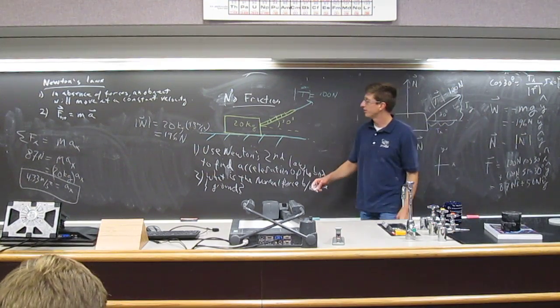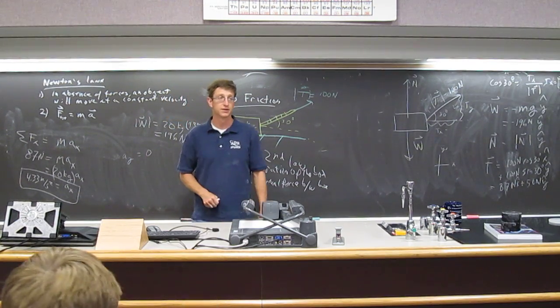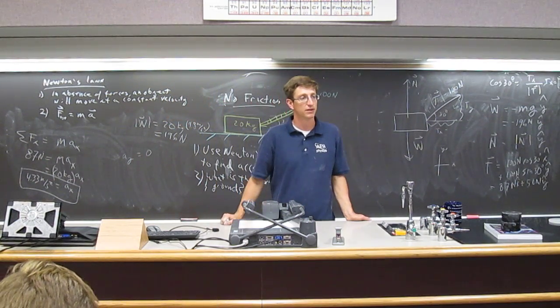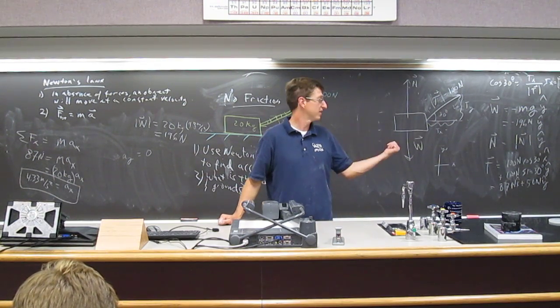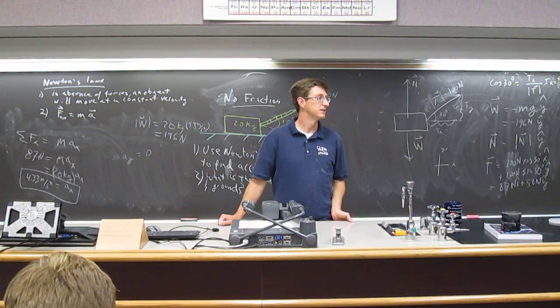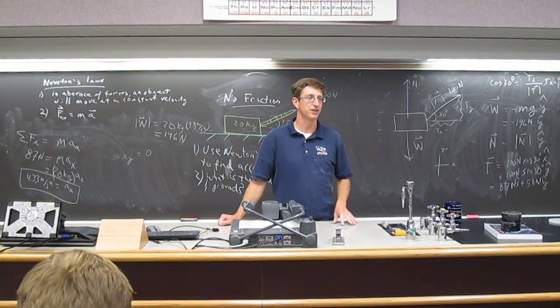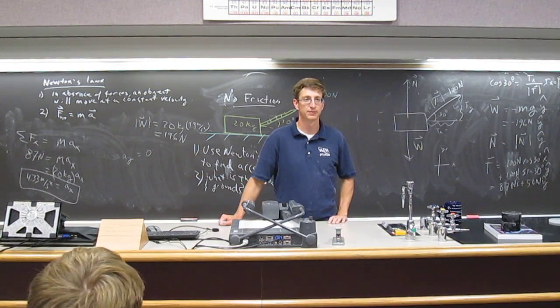So acceleration in the y direction is 0. So if the force in the y direction exceeds the weight, then I'd be pulling it upwards. And there wouldn't be any normal force because it would be off the table. Okay?